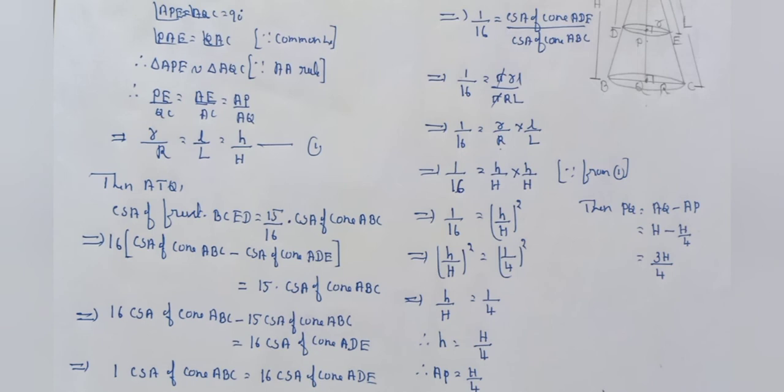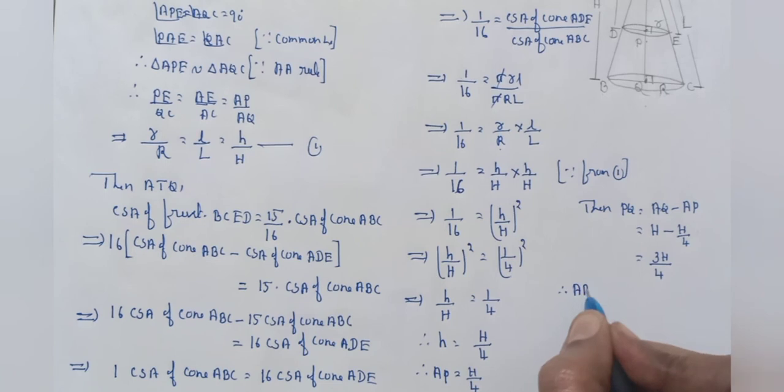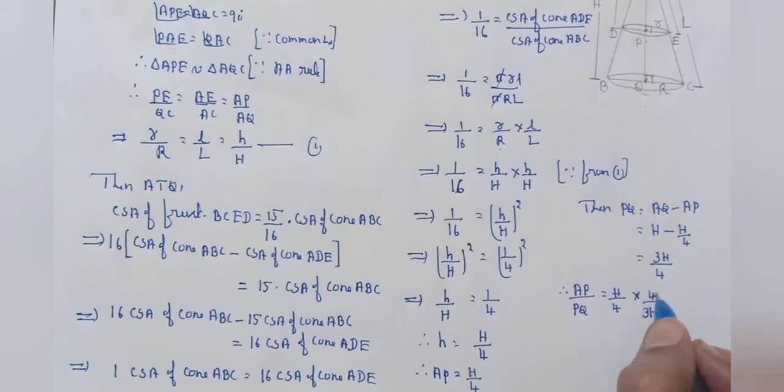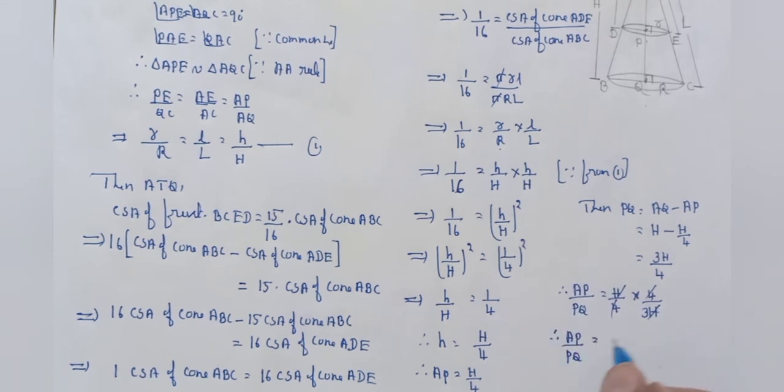Then take the ratio of AP and PQ. Therefore, AP by PQ is equal to, AP is H by 4 and 1 by PQ is 4 by 3H. So we can cancel this 4 and the H. Therefore, AP by PQ is 1 by 3, which means AP is to PQ is equal to 1:3.